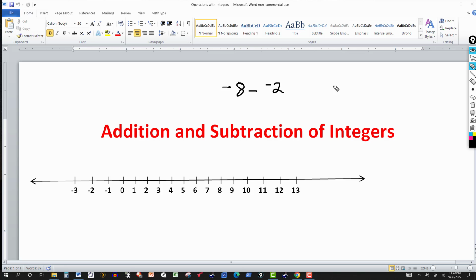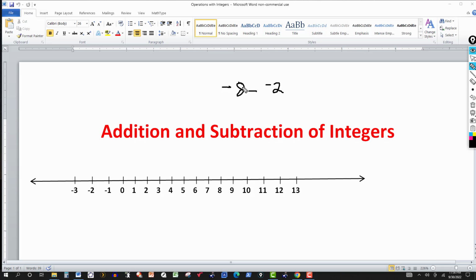If they're both negative, the answer is going to be negative. If they're both positive, the answer is going to be positive. And it's just regular addition. When you're adding two numbers with different signs, one positive, one negative, just disregard the sign, subtract them, and then take the sign of the one that is larger in absolute value. In other words, disregarding the sign, which one is larger.